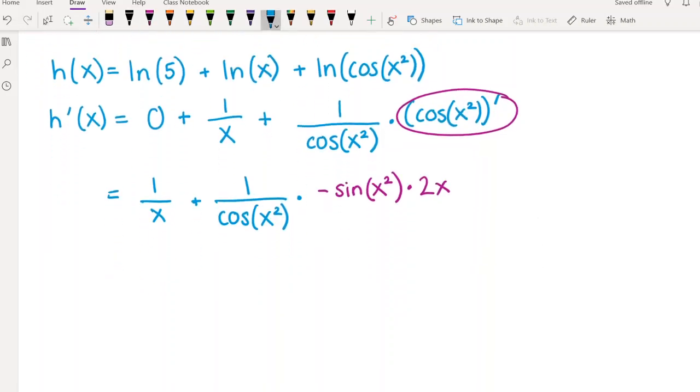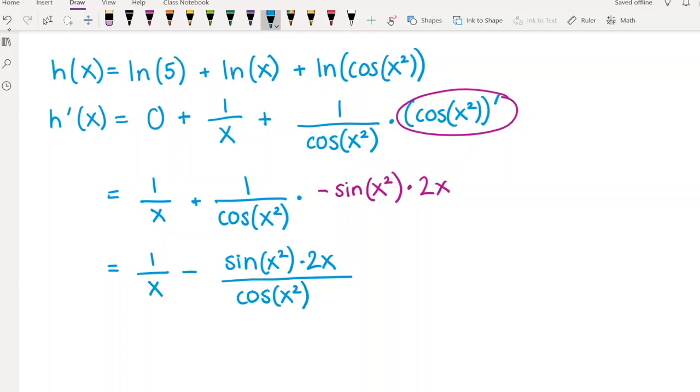Putting this all together, we end up with 1 over x plus, and then we can move this into the numerator, so we have negative, and maybe let's just make this subtraction, minus sine of x squared times 2x divided by cosine of x squared.